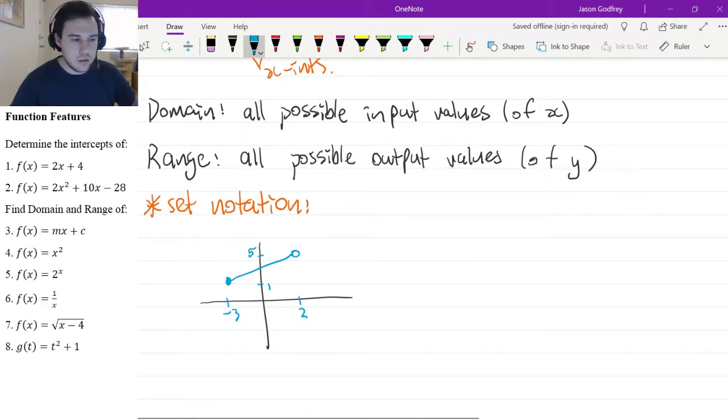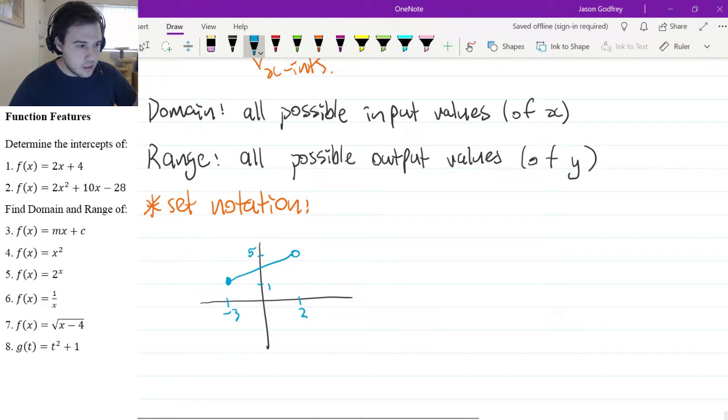Okay, so here I'm using a closed circle to indicate that this straight line graph goes all the way down to -3 and includes -3, and then it goes up to here where x is 2, and an open circle, just like when we're drawing an inequality on the number line, means it doesn't actually equal 2, but it can be things less than 2.